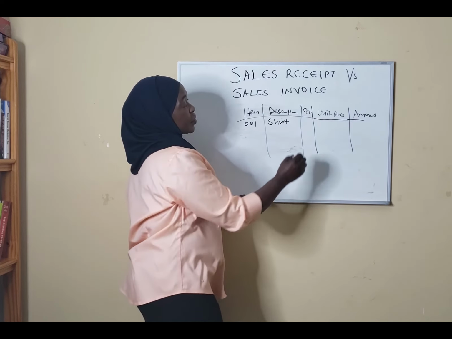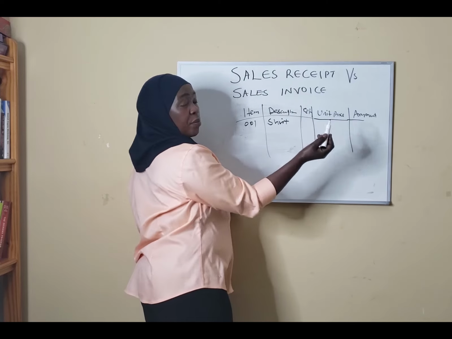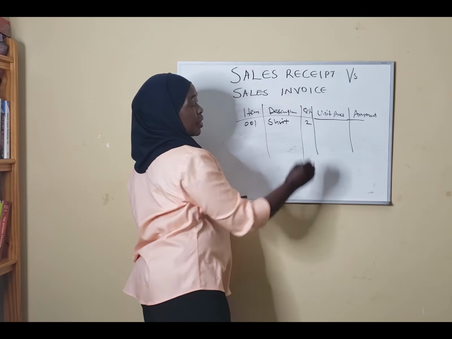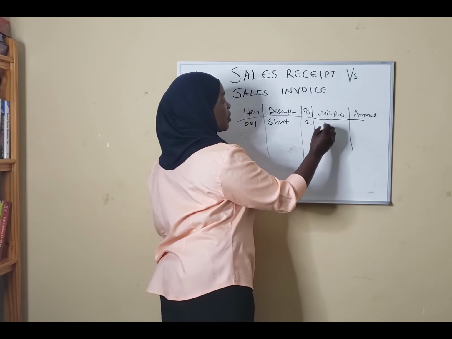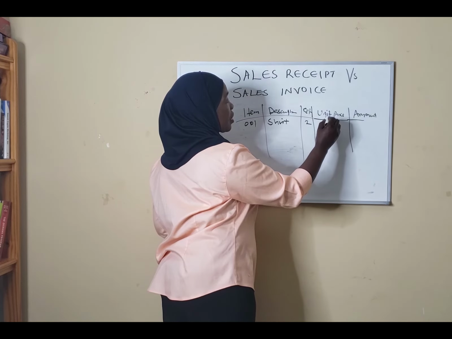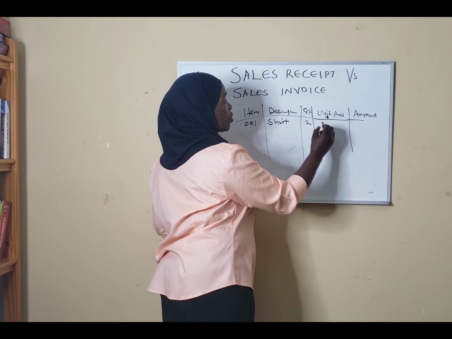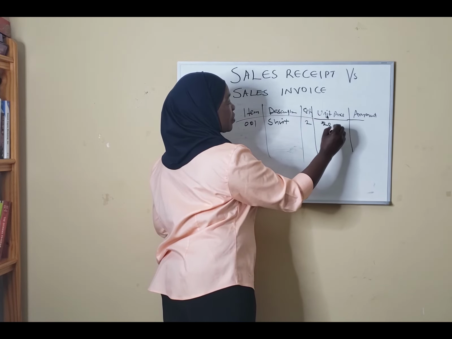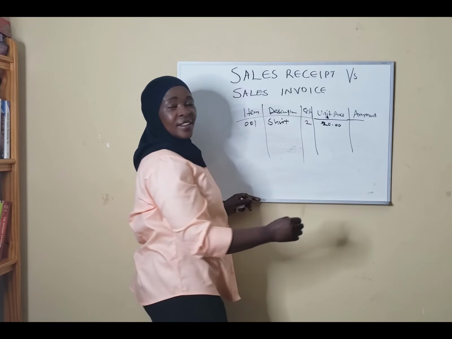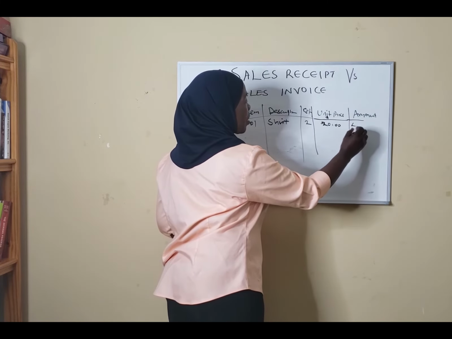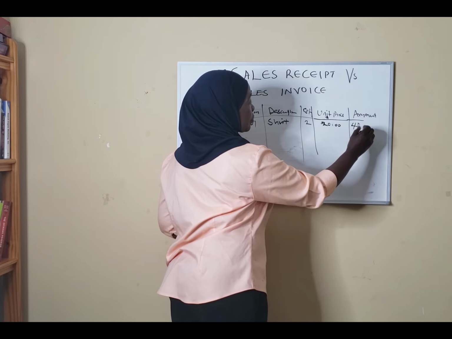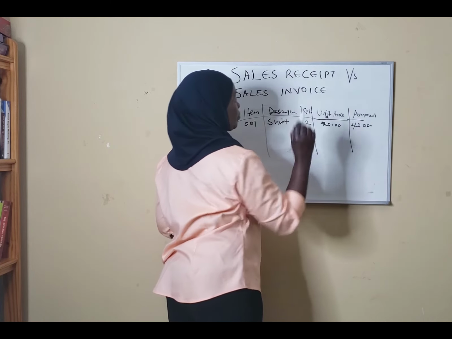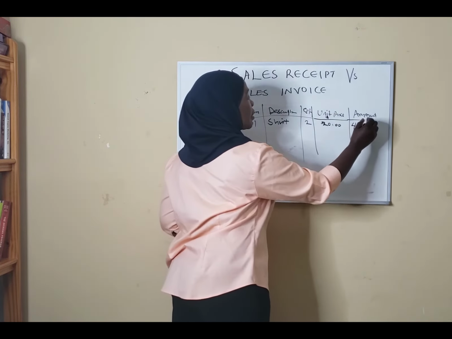Someone came and bought 2 of those, and each one costs, this price is in dollars, let's say 20. I think with 20 you can buy a shirt, right? So the total amount would be 40. These are in dollars.